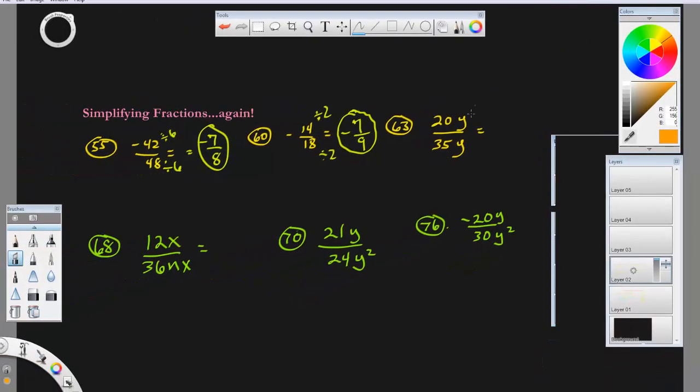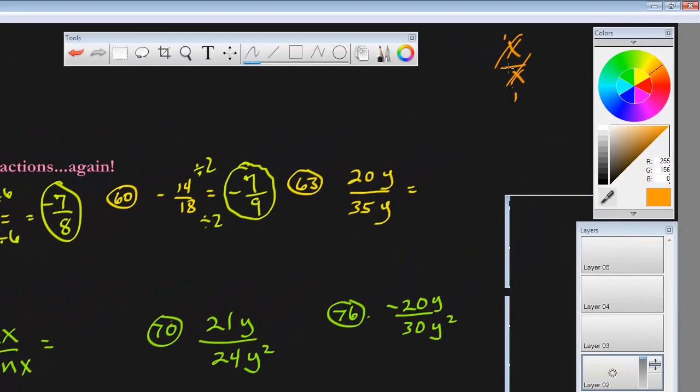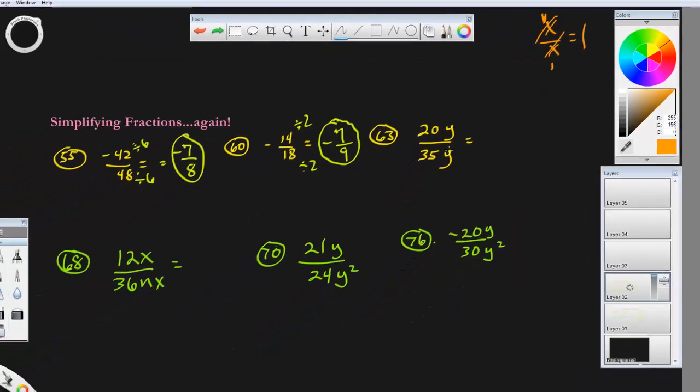All right, now check this out. We have y's on the tops and bottoms. Anytime you have anything over itself, even letters, those will cancel, giving you 1s. So that's going to equal 1 there. I hate to do this, but those y's are going to cancel out like that.